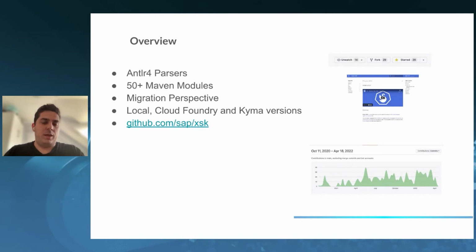And actually, at this point in time, project XSK is a full-fledged Eclipse Dirigible plus a migration perspective. Of course, underneath we have some processors, some synchronizers, and so on to support the runtime for this SAP HANA XS application.